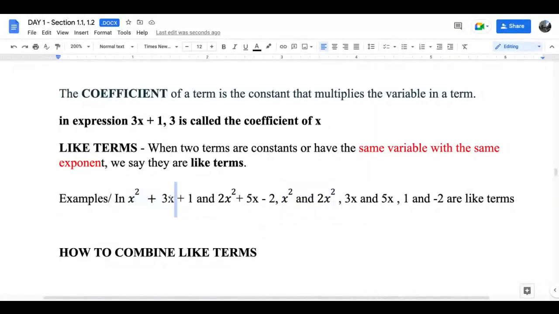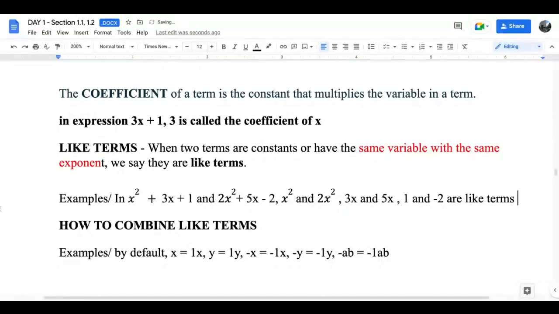Then 3x and 5x are like terms, right? Then the constants 1 and -2 are like terms. Let me make this into different colors. So x squared and 2x squared are like terms, 3x and 5x are like terms, 1 and -2 are like terms. When they are like terms, we can combine them. If we add those two expressions, we can combine the like terms, or if we subtract the expressions, we can combine the like terms.